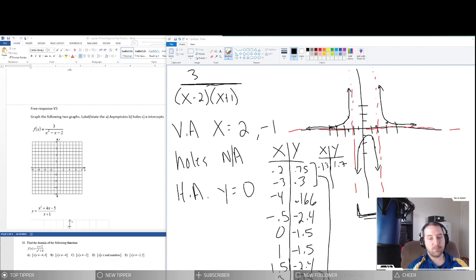The more points that you pick to plug into your XY table, the more accurate that graph is going to look. Any other questions?